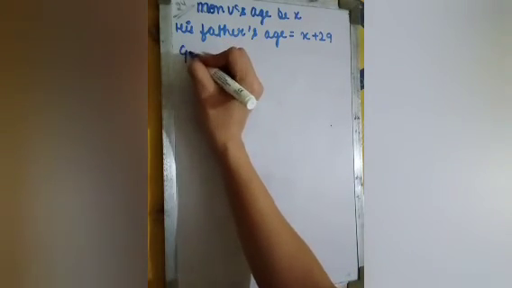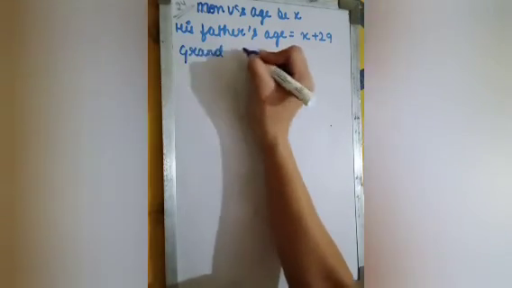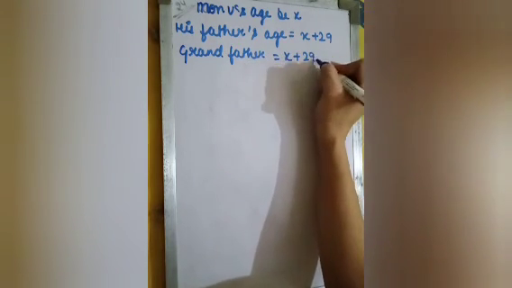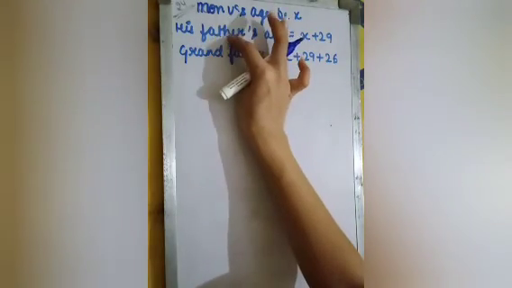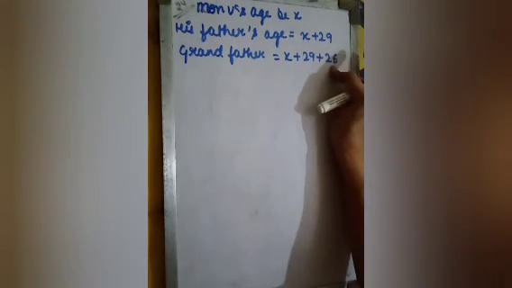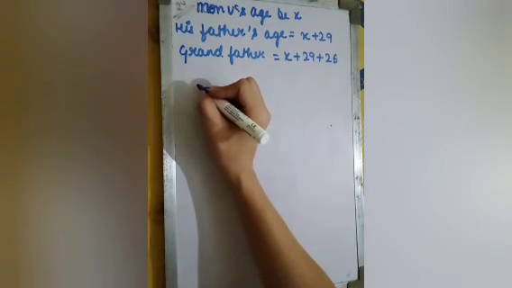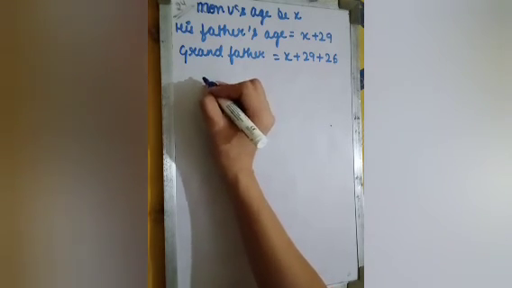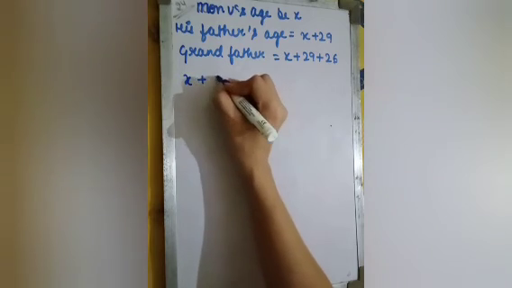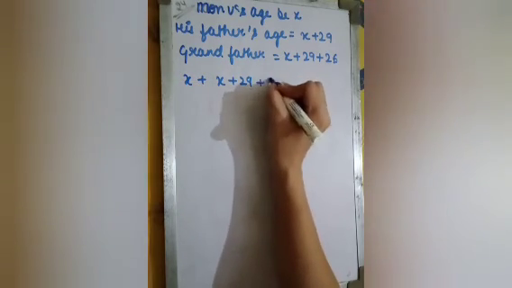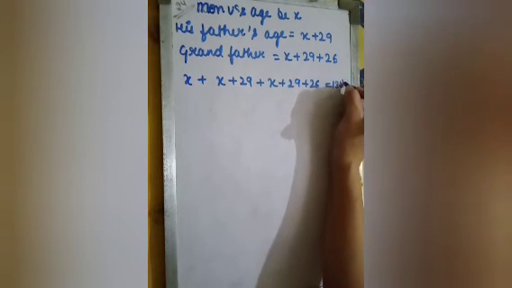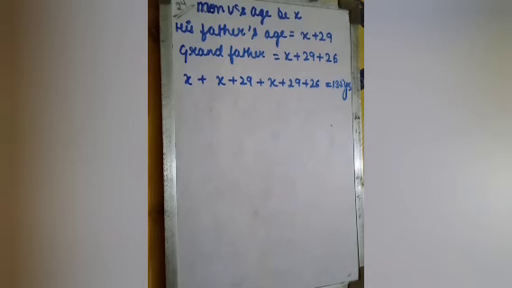Grandfather's age will be x plus 29 plus 26 because उसके फादर उसके ग्रैंड फादर से 26 ईयर छोटे थे, यानी ये 26 ईयर भी ऐड कर दिए जाएंगे. Now they are saying the sum of their ages is 135 years. So sum of their ages means x plus 29 plus x plus 29 plus 26 equals to 135 years. Now you can solve it and find the ages.